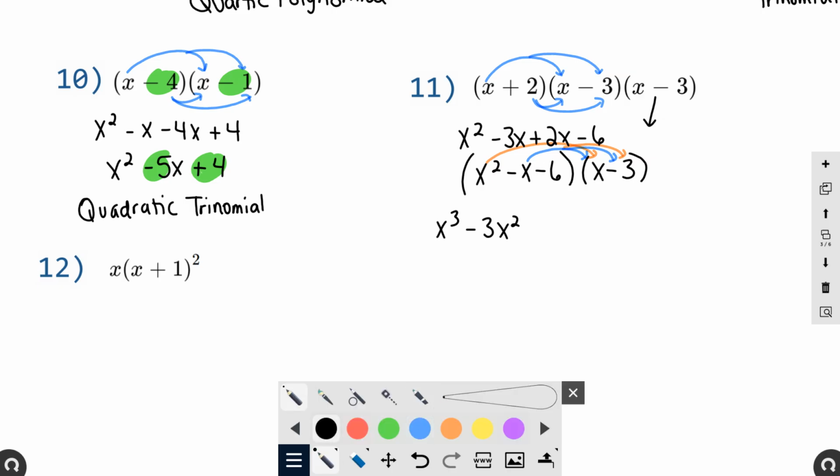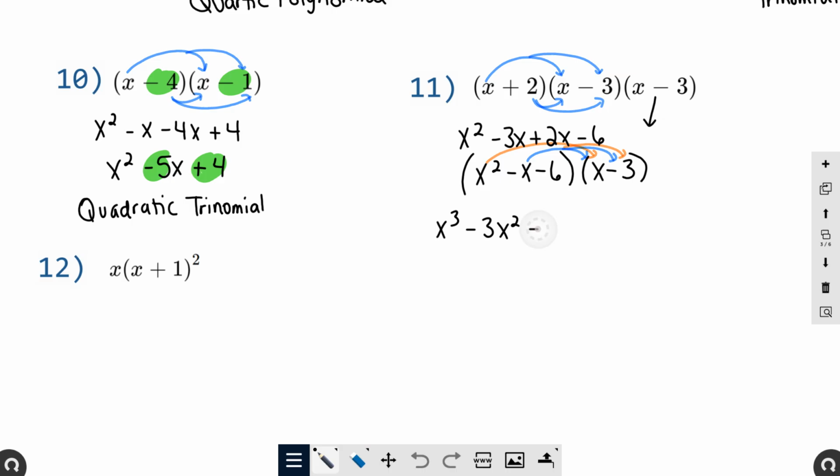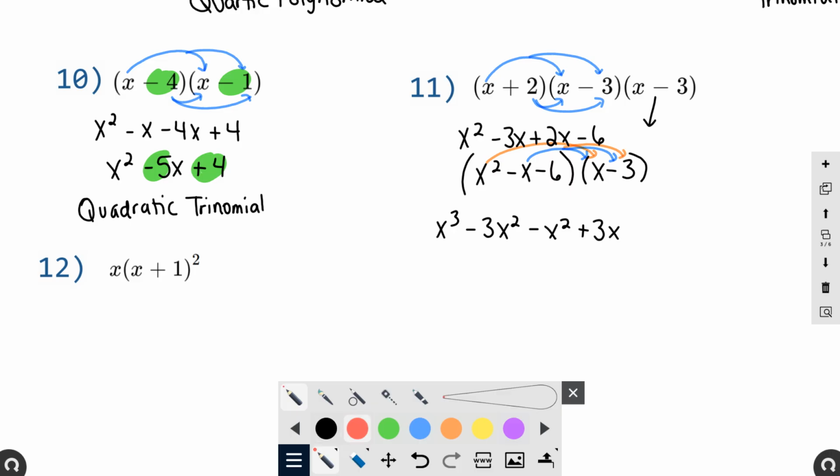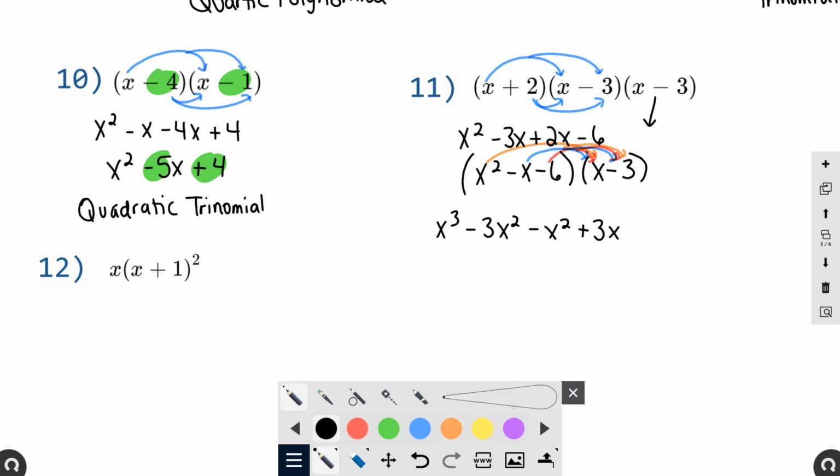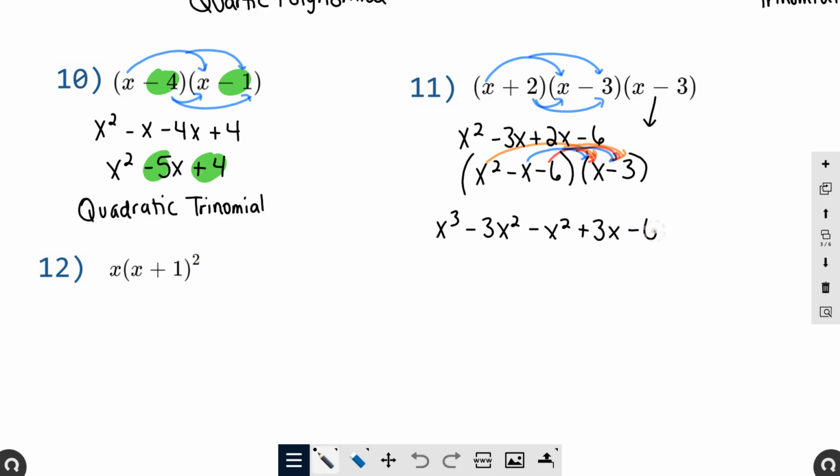So what's negative x times x? What's negative x times negative 3? Now we're going to distribute one more time. Now we have this negative 6 that's going to distribute. So everything in the front has to multiply everything in the second. So what's negative 6 times x? And negative 6 times negative 3? Good.